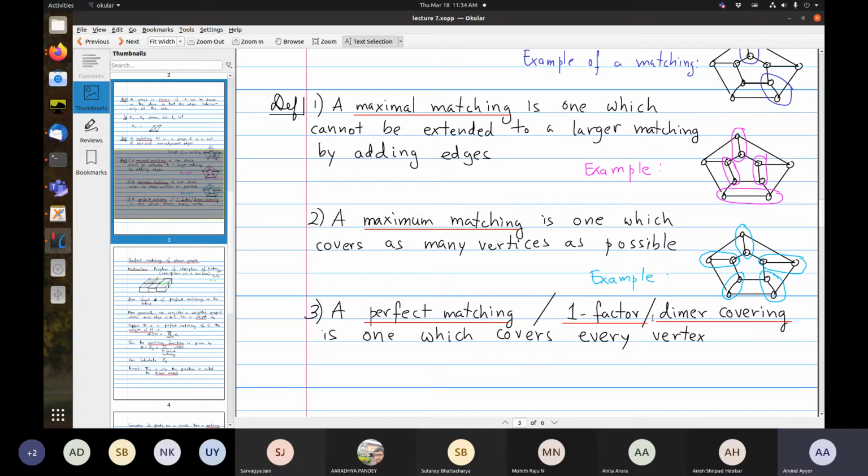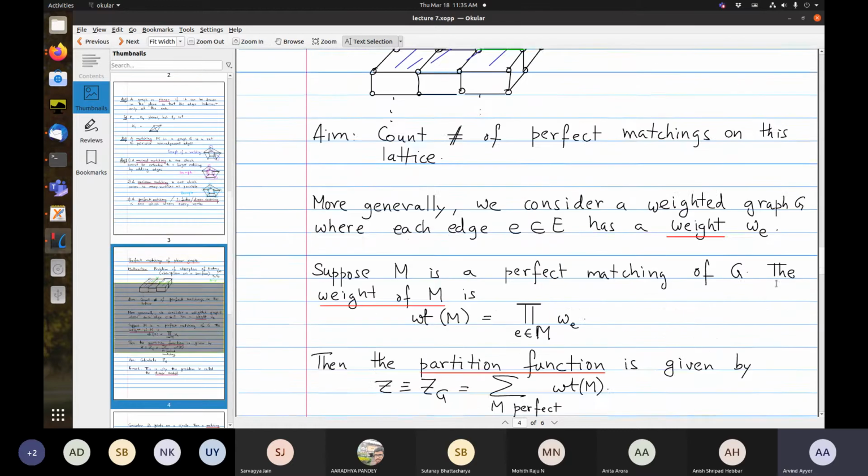But I'll not use that term, just to tell you. And so it's also called a dimer covering because, as I explained, you can think of each of these as a diatomic molecule spanning the two vertices, and so it's a covering by dimers.